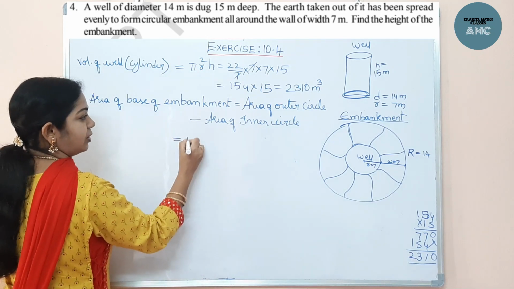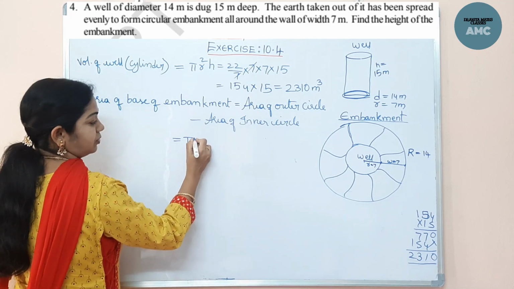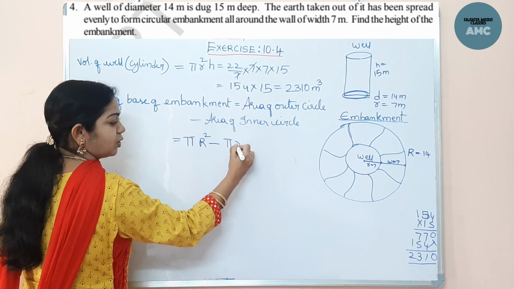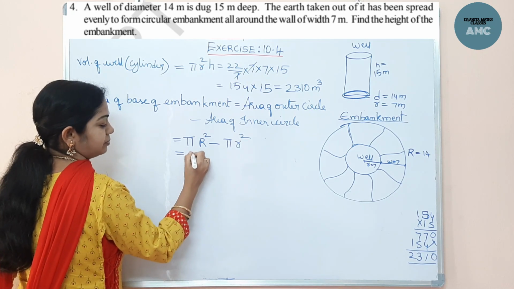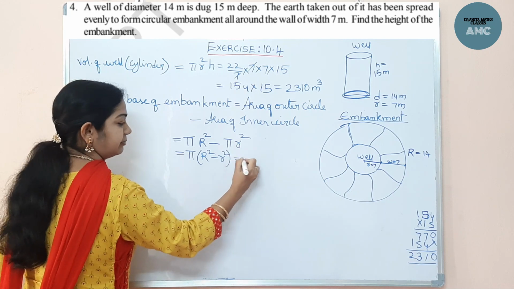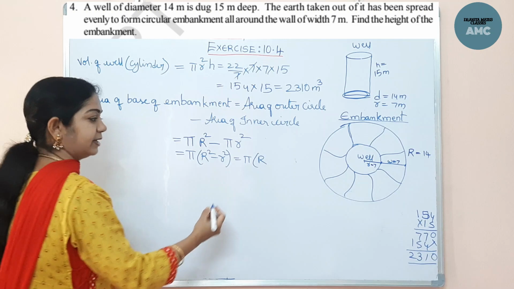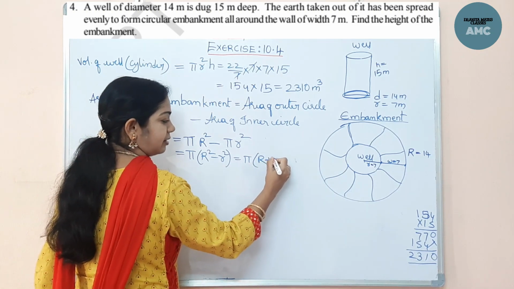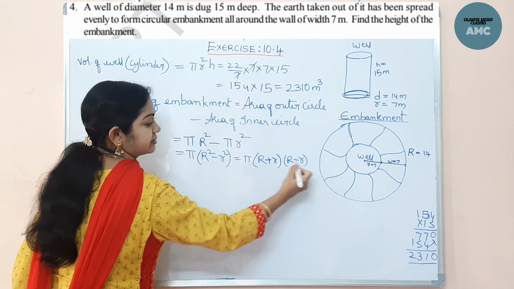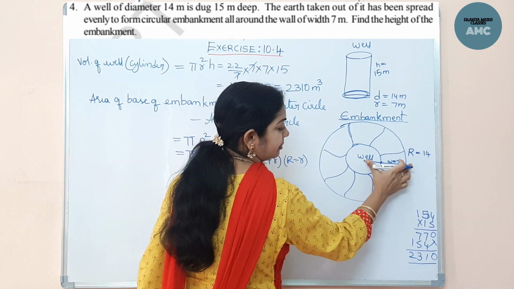The area of the outer circle, with radius capital R, is pi R square, minus the inner circle, pi small r square. So this comes to pi, if you take common, R square minus r square. It is in the a square minus b square formula, so R plus r, R minus r, that is a minus b, a plus b. So I have expanded it, that's all. Now R plus r.